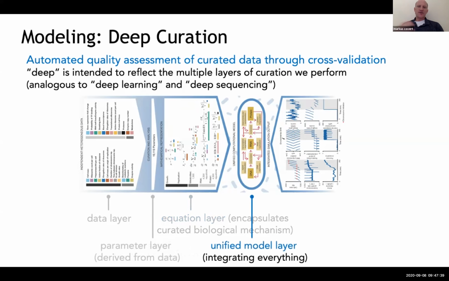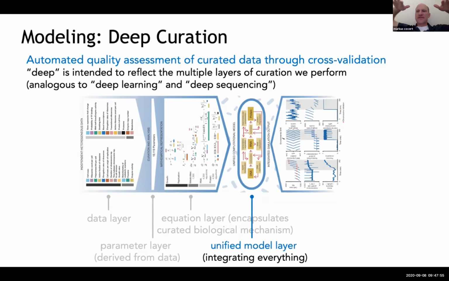Then you have, of course, our unified model layer, which really integrates everything. And now what you have is pretty unique in that every single piece of data is connected to every single other piece, okay? You just have to go down layers.